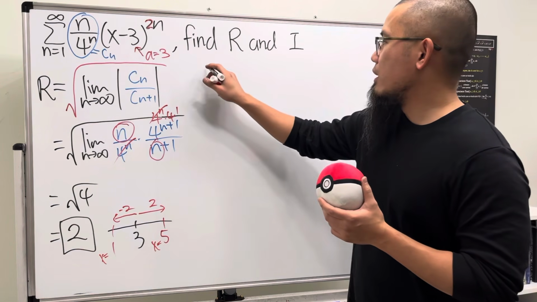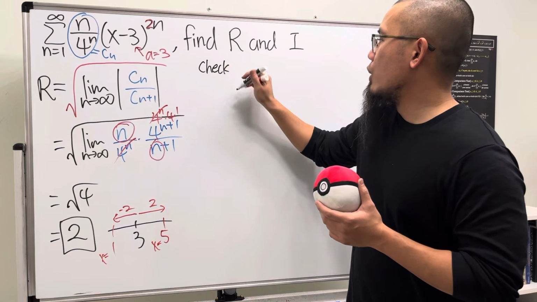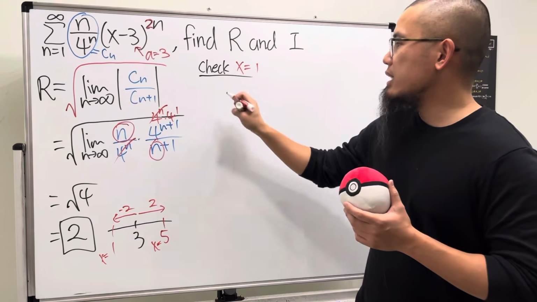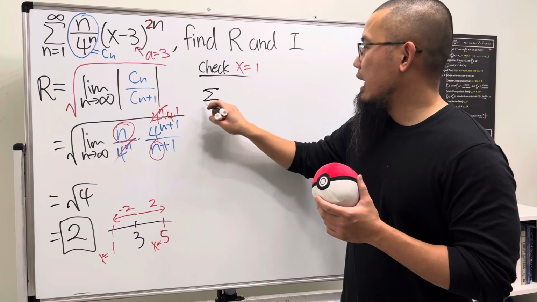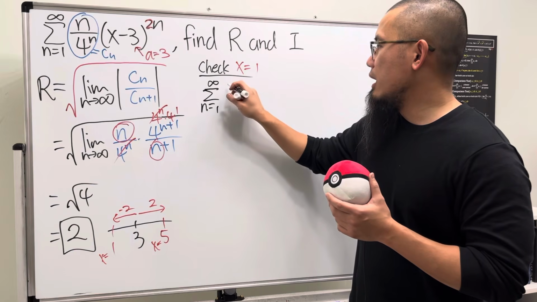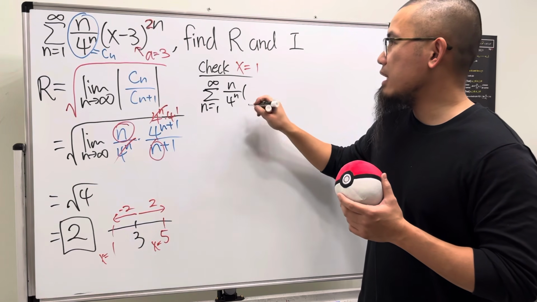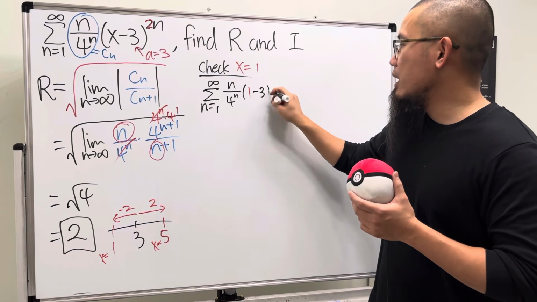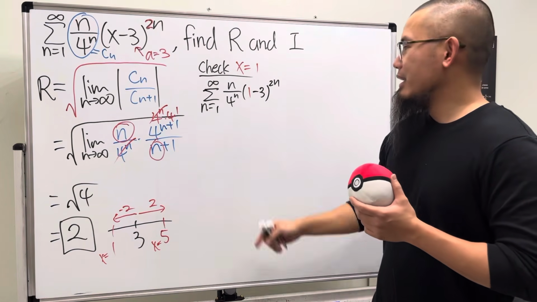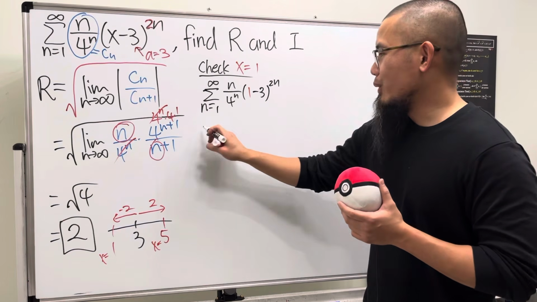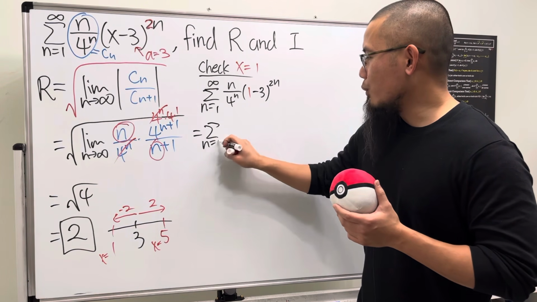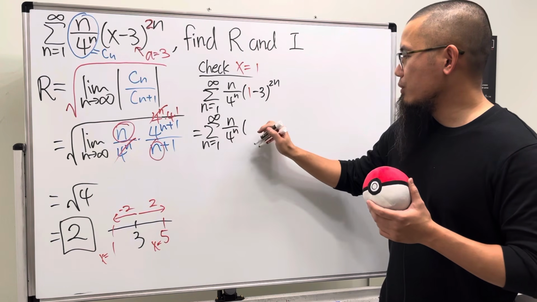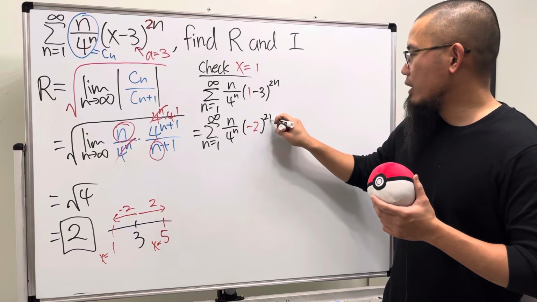So here we go. We are going to check. When x is equal to 1, let's just go ahead and put a 1 in here, and we will get the series as n goes from 1 to infinity, n over 4 to the n times negative, so let me show you guys the work, 1 minus 3, and then to the 2n power. Inside here we get negative 2. So here this is the series as n goes from 1 to infinity, n over 4 to the n, and then we have the negative 2 raised to the 2n power.